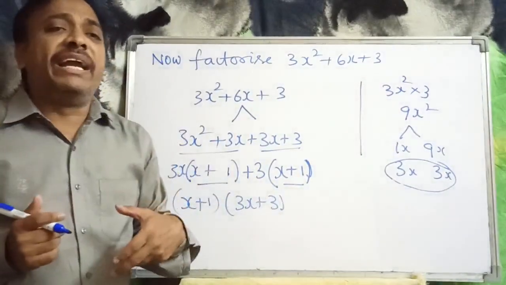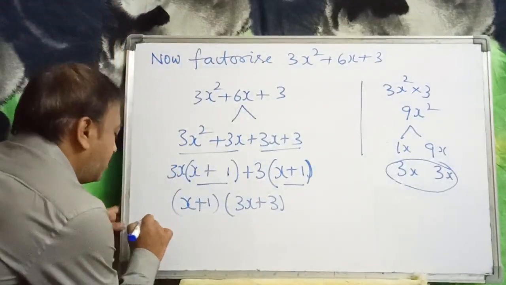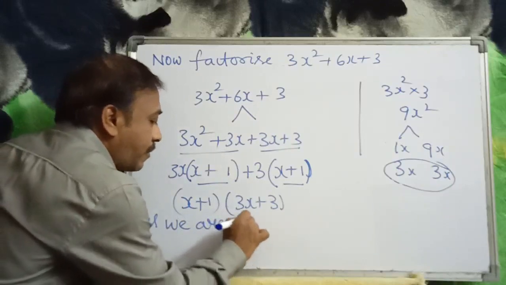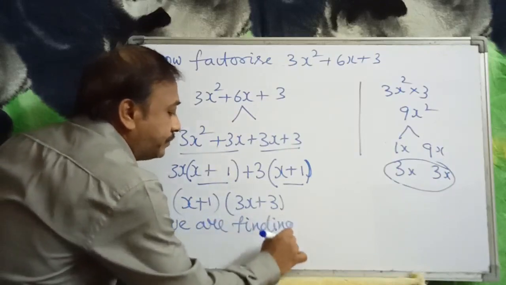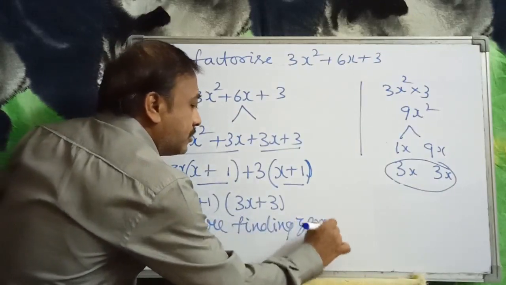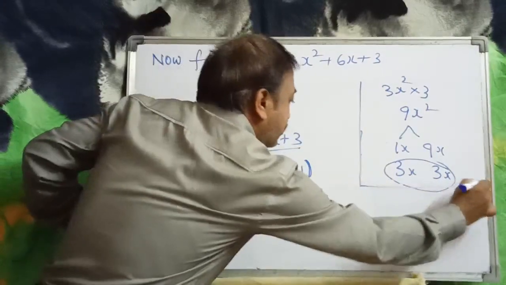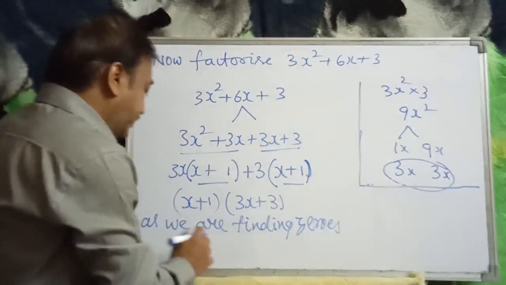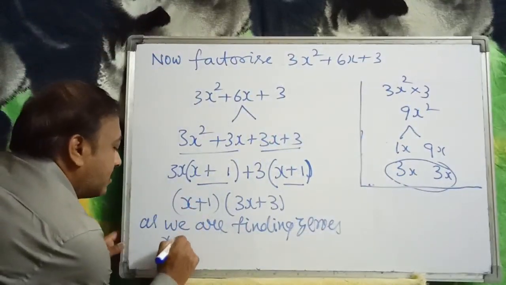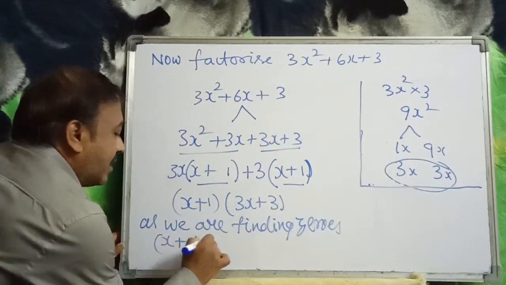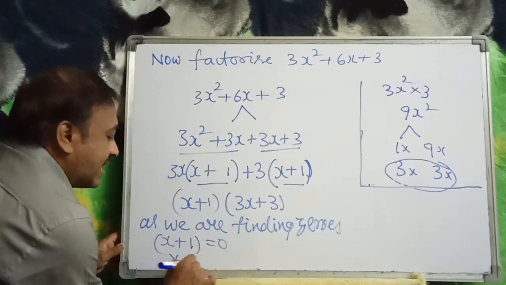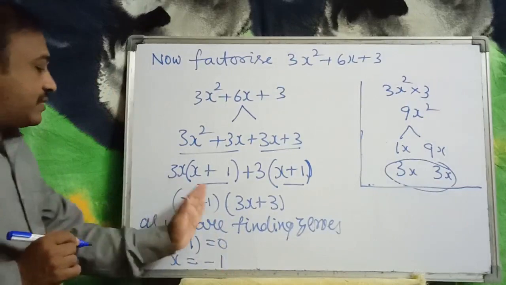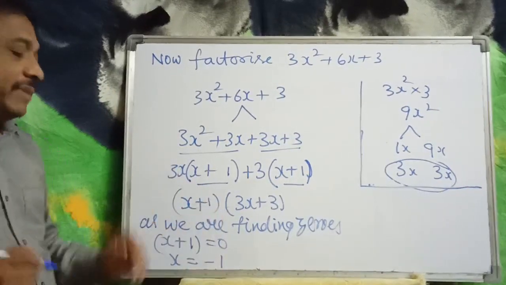Now as we are finding zeros, this is the rough work actually what we did here. As we are finding zeros, now x plus 1 is equal to 0, then x is equal to, transposing, minus 1.